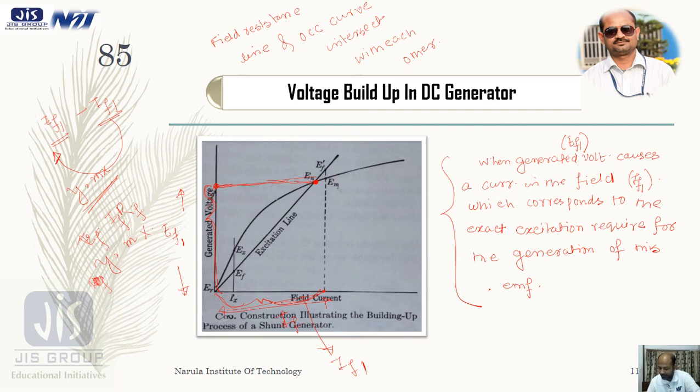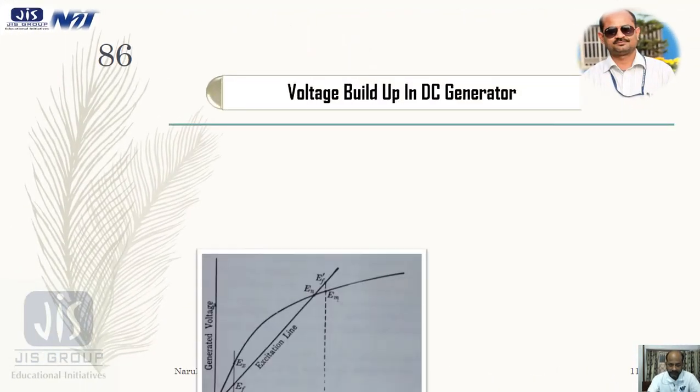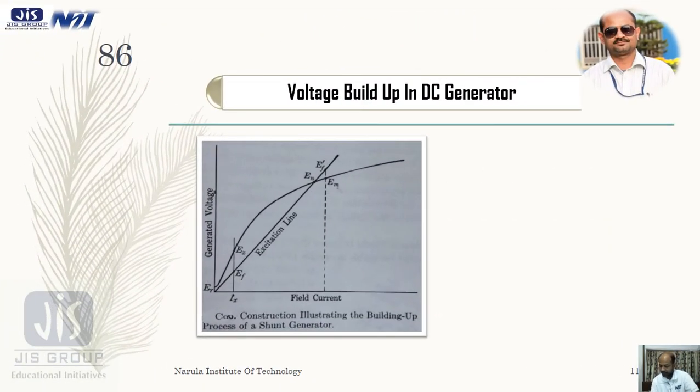Now since the building up process starts with residual magnetism and proceeds in the direction of increasing potential across the field, the ascending branch of the magnetizing curve will be used in all discussion relating to the building up of the generator.